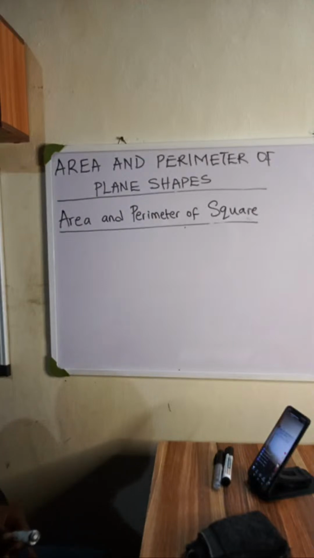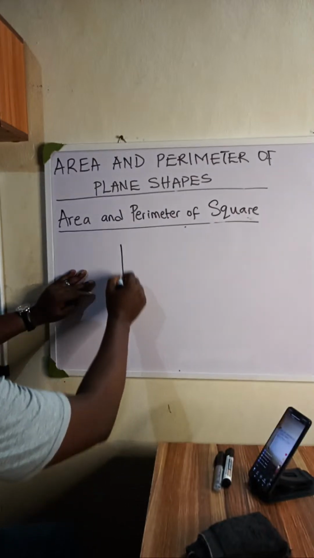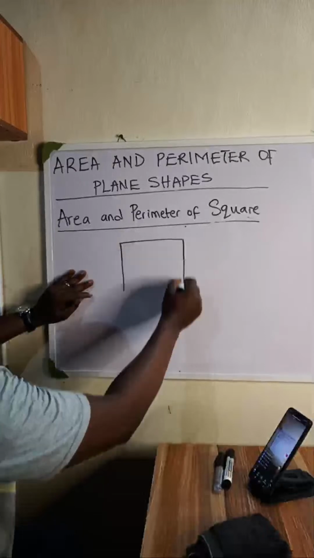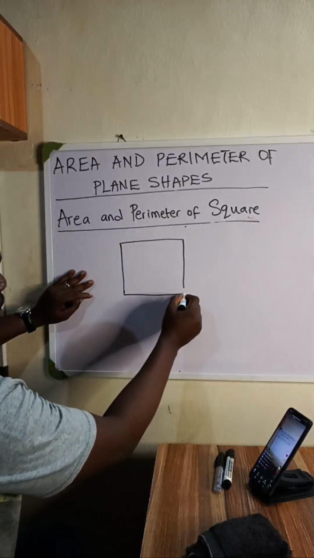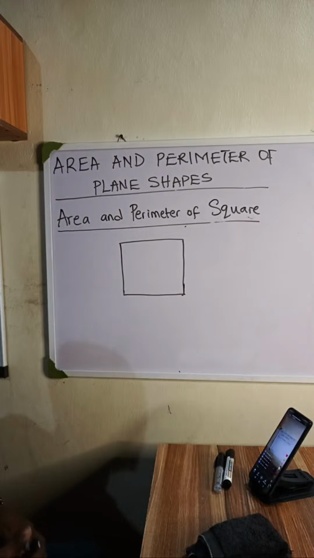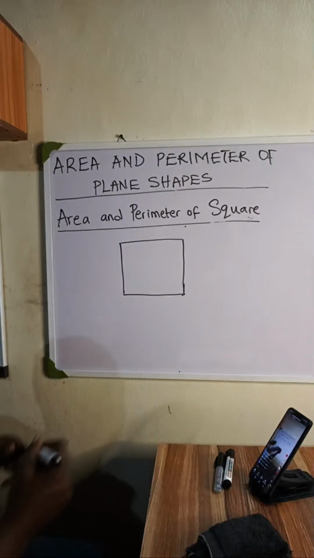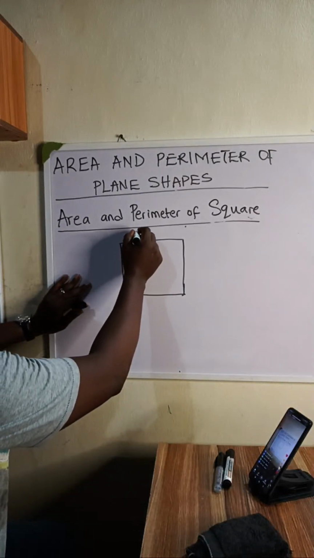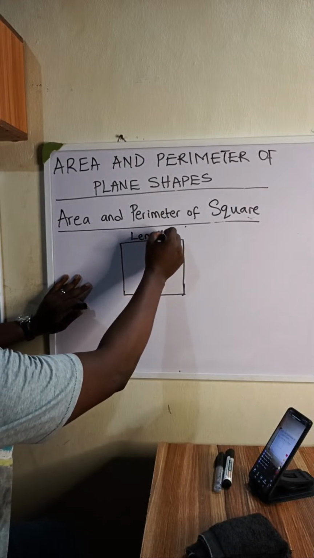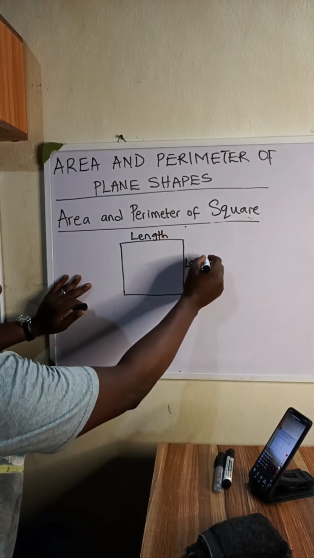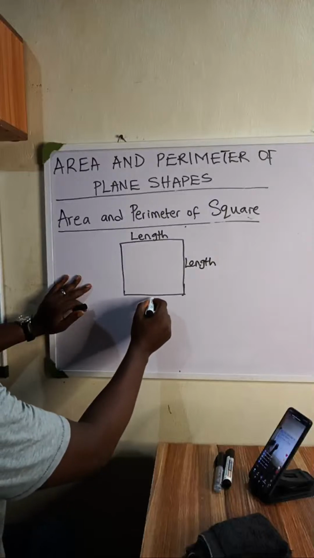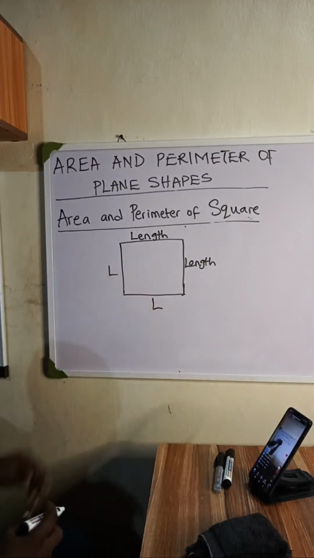Okay. So a square is like a rectangle. They look alike, but the difference between a square and a rectangle is for a square, all the sides are equal. Unlike the rectangle where two opposite sides are equal, for a square, all the four sides are equal. So here is length, here is length, here is length, and here is length.